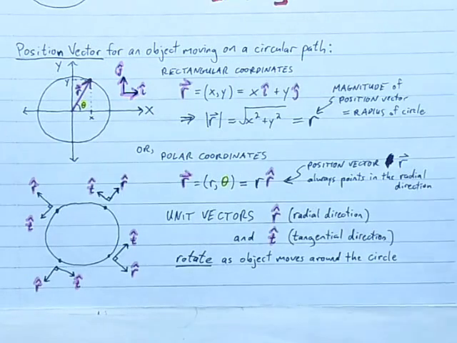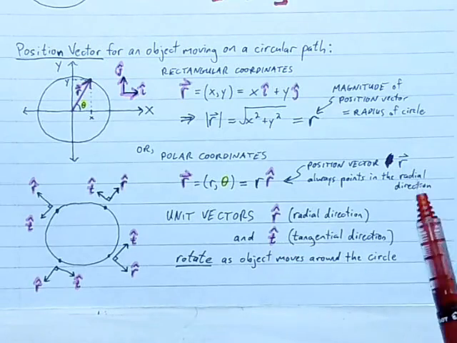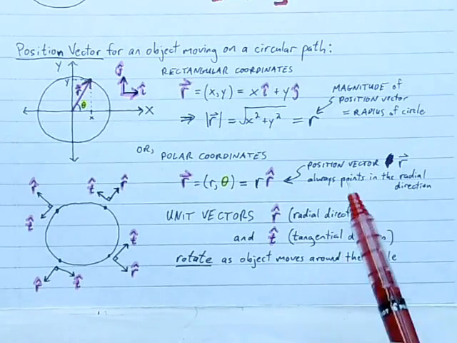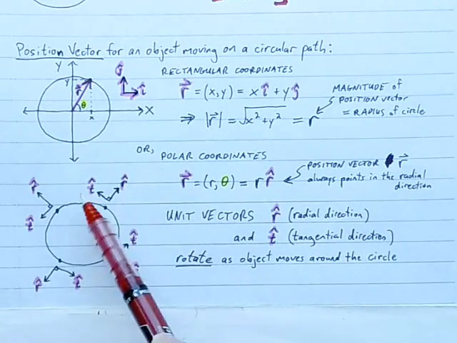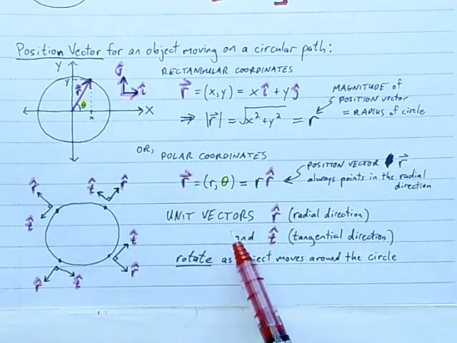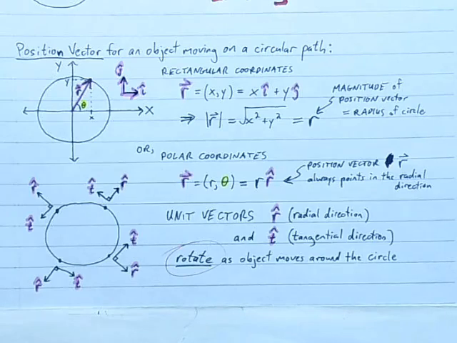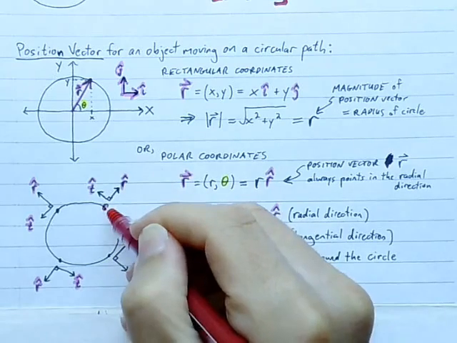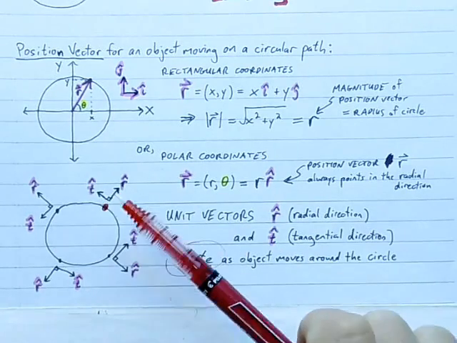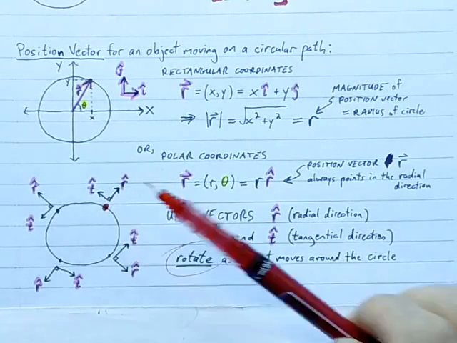Okay, so these little unit vectors, r hat and t hat, are unit vectors, meaning their magnitude is 1, unity. But what makes them different from our i hat, j hat vectors here is that these unit vectors rotate as you go around the circle. So if you're located at this position right here, r hat points that way, and t hat, your tangential direction, points tangent to the circle at that point.